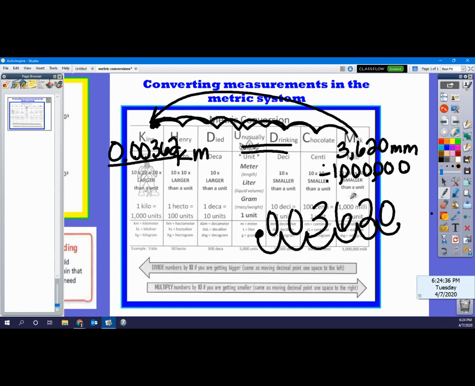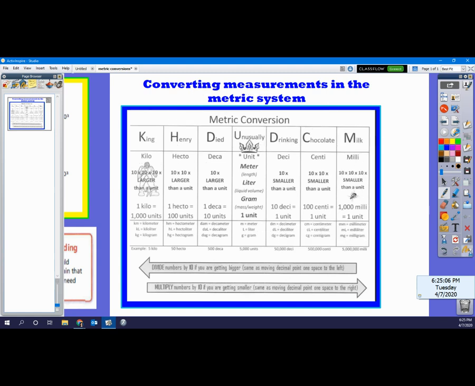Think of it as like a giant chocolate bar being the kilometers, but then if you took mini M&Ms as your millimeter, you would have a lot more mini M&Ms to equal the same amount as one giant king-size bar. So a kilometer is really big. Millimeters are really small. So now let's go the other way.